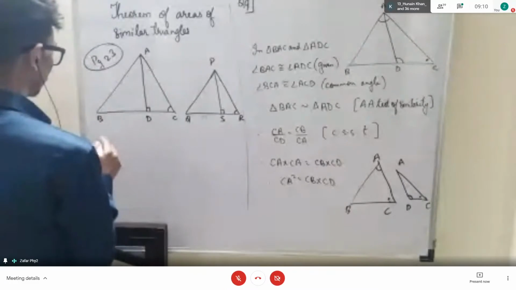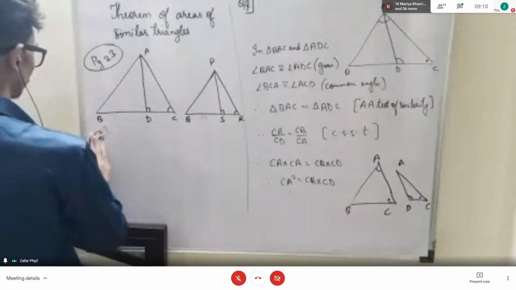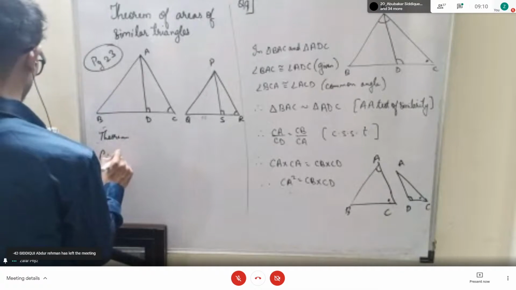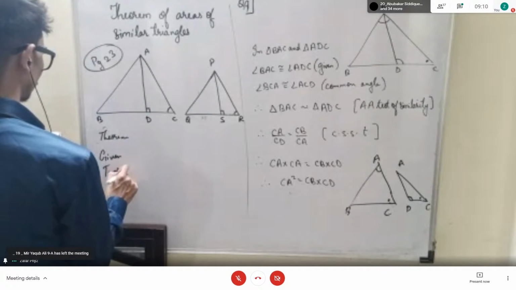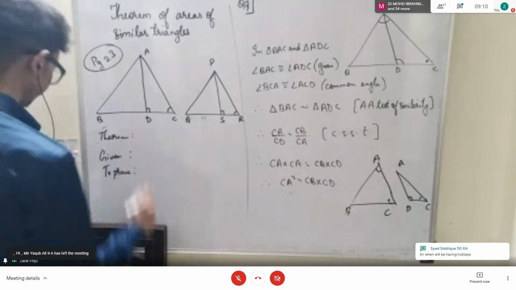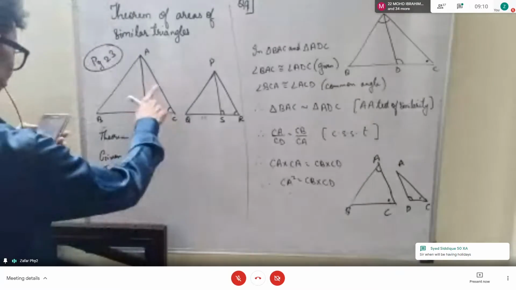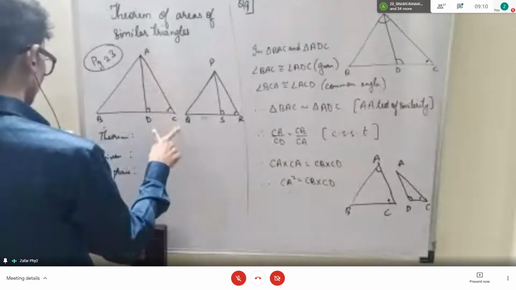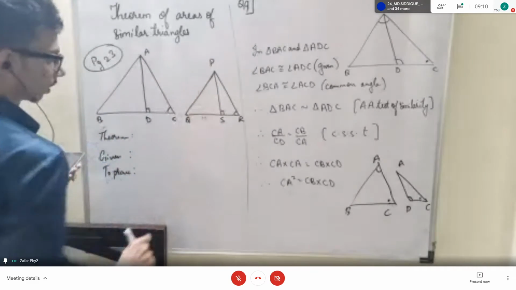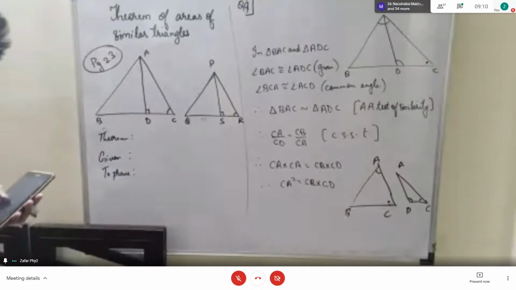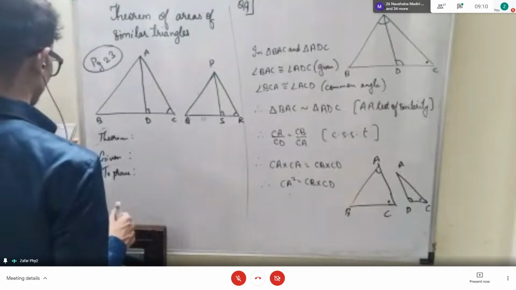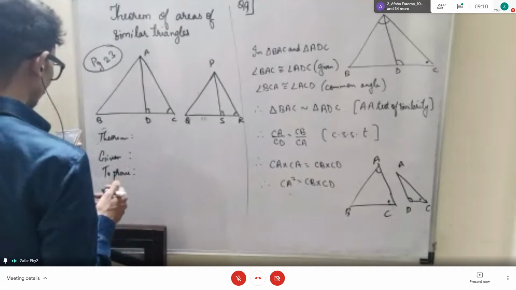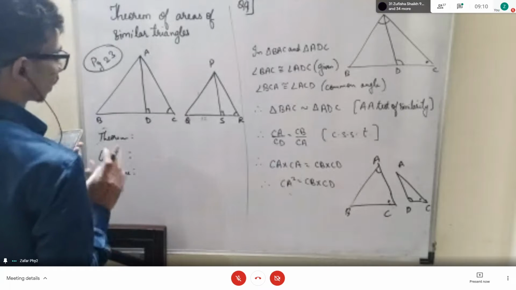Okay, so see, the given theorem is there, then given, then to prove. So I will read it once. When two triangles are similar, they have given us triangle ABC and triangle PQR are similar. The ratio of the areas of those triangles is equal to the ratio of the squares of their corresponding sides.